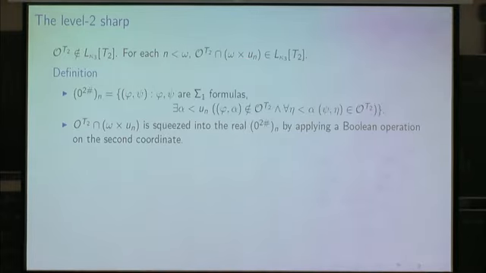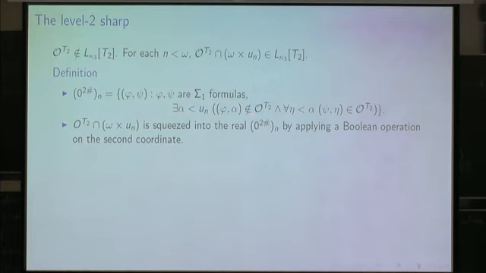And we define 0^(2 sharp). The nth piece of 0^(2 sharp) is the set of pairs phi and psi obtained by applying a Boolean operation on the second coordinate of O^(T_2) intersect omega times u_n. It is a collection of pairs so that we look at the least alphas where phi of alpha does not belong to O^(T_2) or psi of alpha does not belong to O^(T_2).